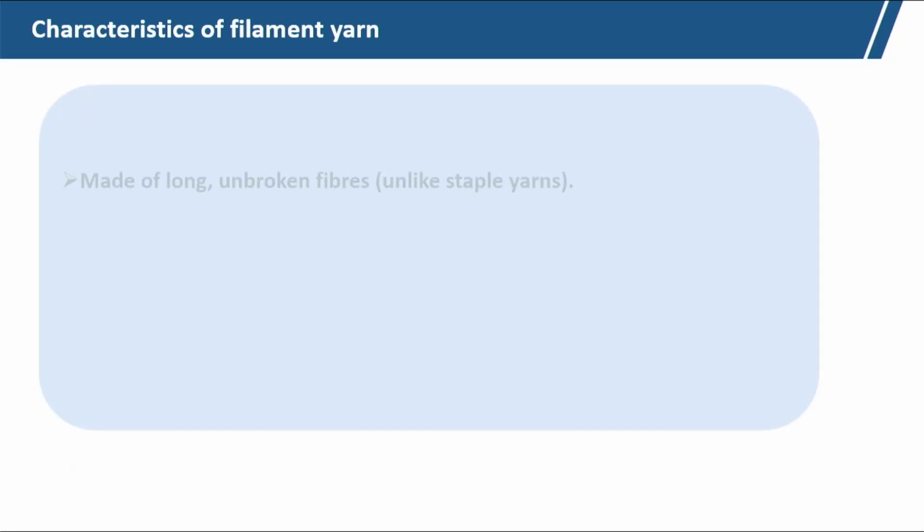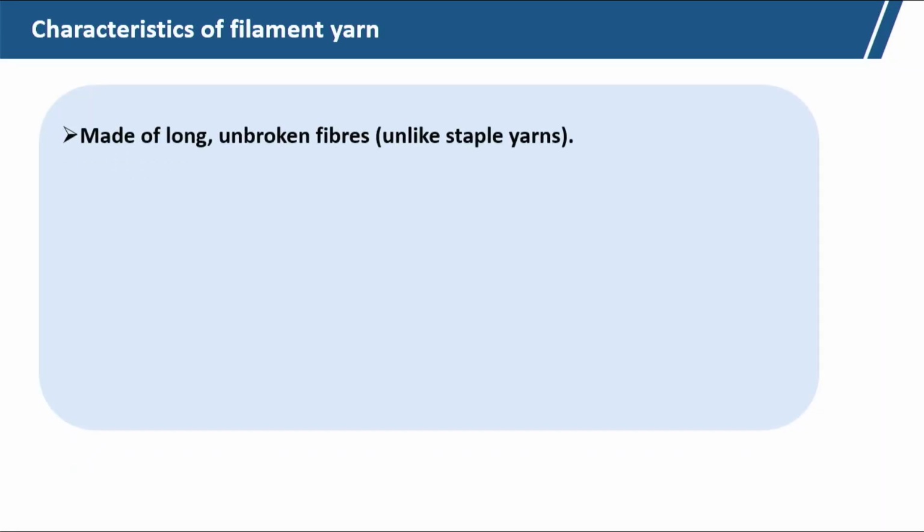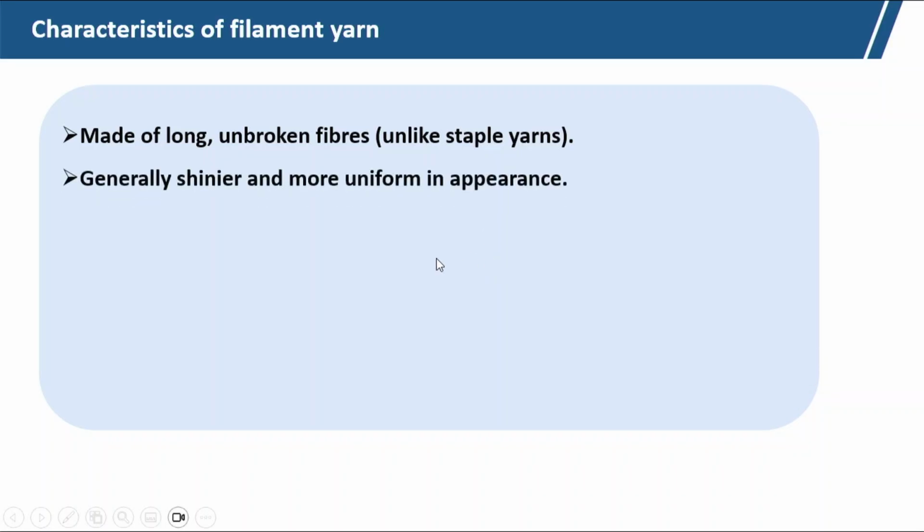Now, let us see the characteristics of filament yarn, made of long unbroken fibers. In staple yarns, the main problem is that the strength is obtained through twisting, by which we get fiber-to-fiber friction. Filament yarns have a generally shinier and more uniform appearance, because the fibers are parallel and uniform in nature.